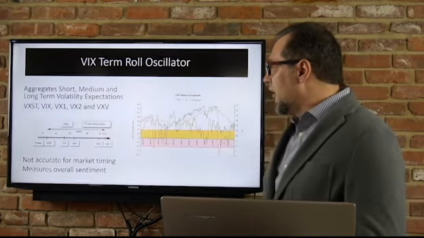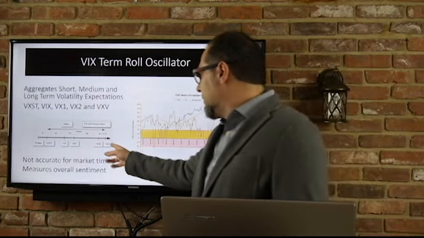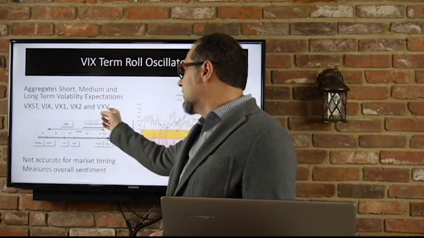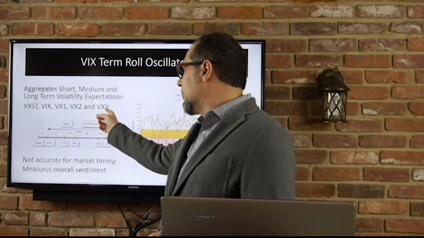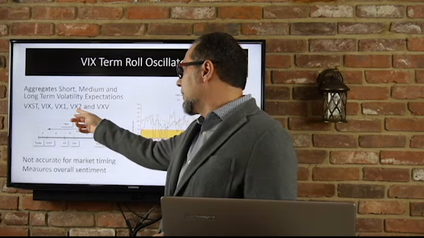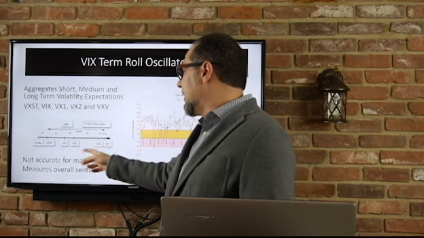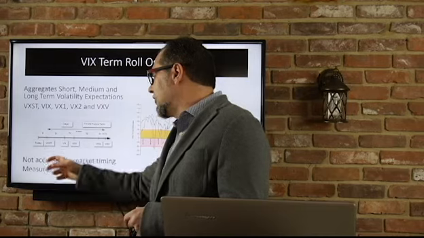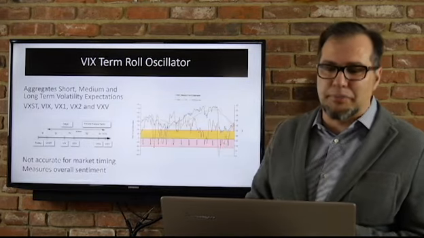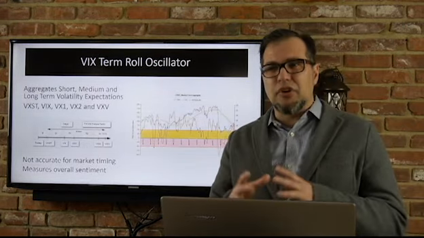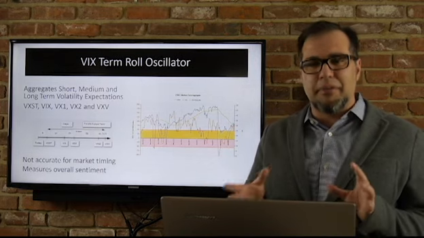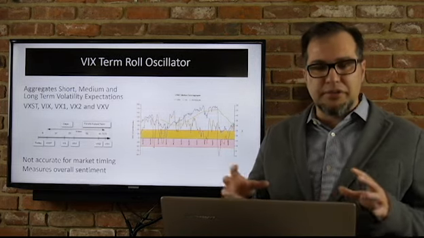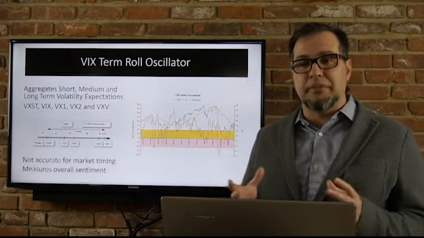And the formula essentially takes the time left to expiration from all of these indicators, and then weighs their value, weighs the premium between all of these values based on the amount of time left to expiration. So it's not as accurate for immediate market timing, just like the VCO is, but it gives you a great measure of overall sentiment.